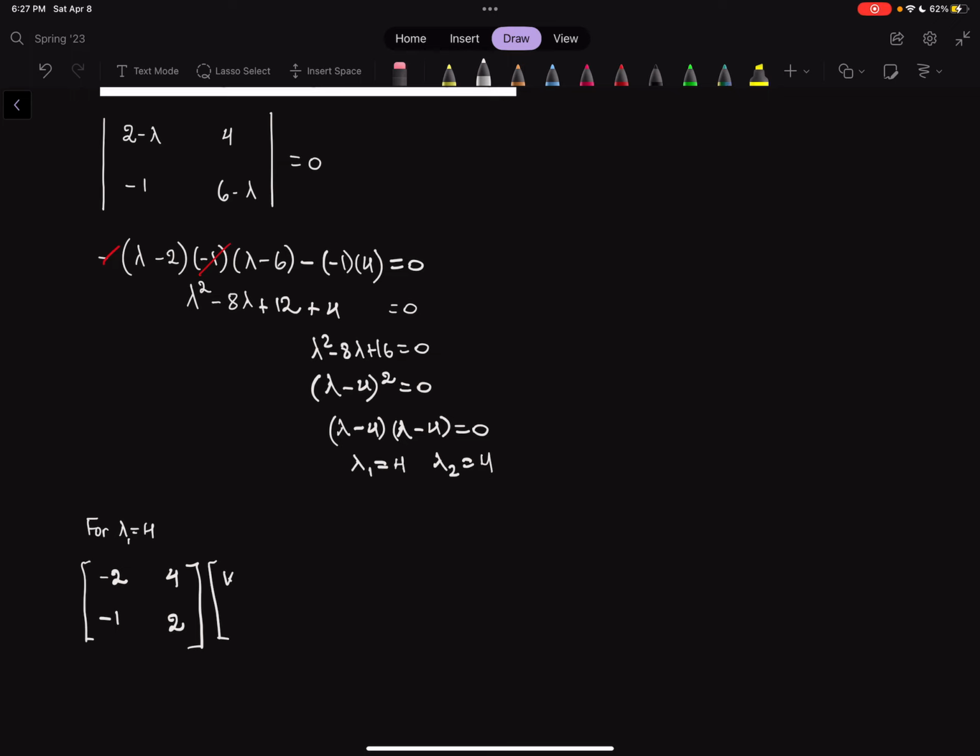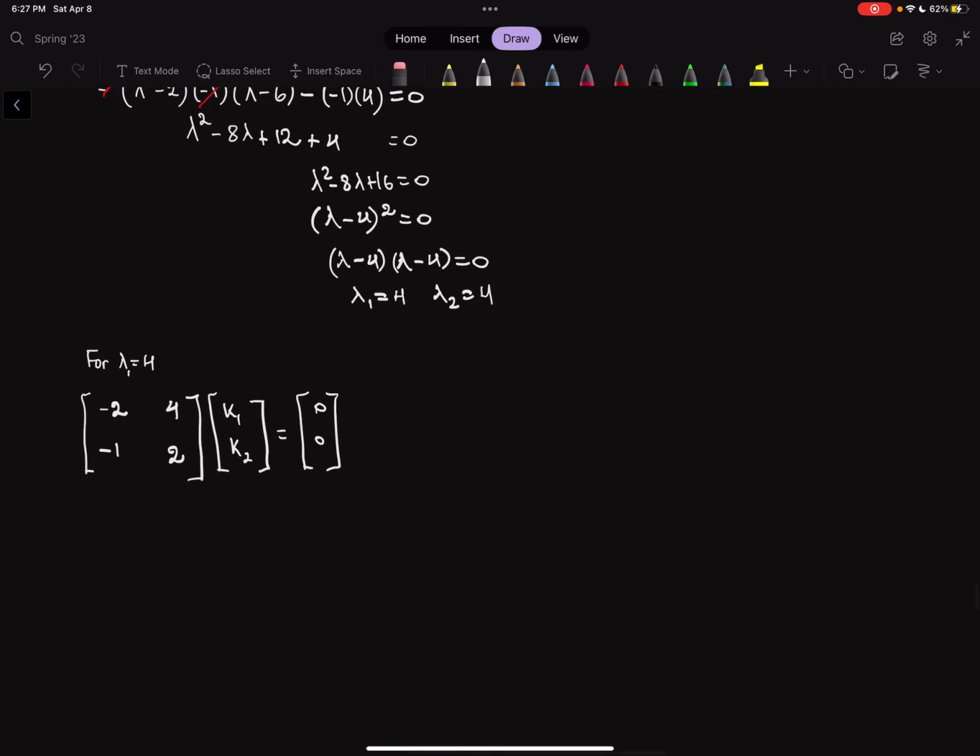Then here we're going to have our components, k1 and k2. Remember, this comes from the eigenvalue problem. And now we can use just one of the two rows. So let's say negative 2 times k1 plus 4 times k2 must be equal to 0.